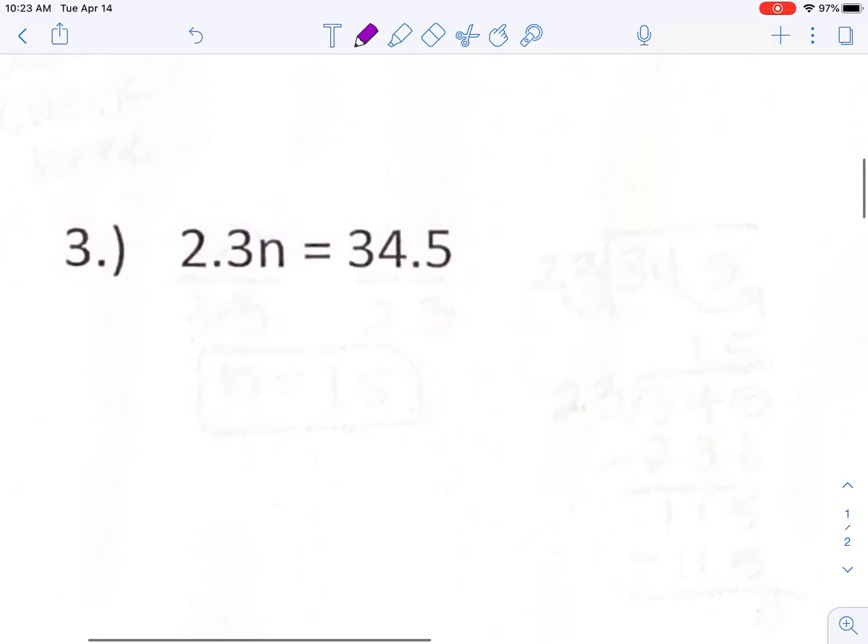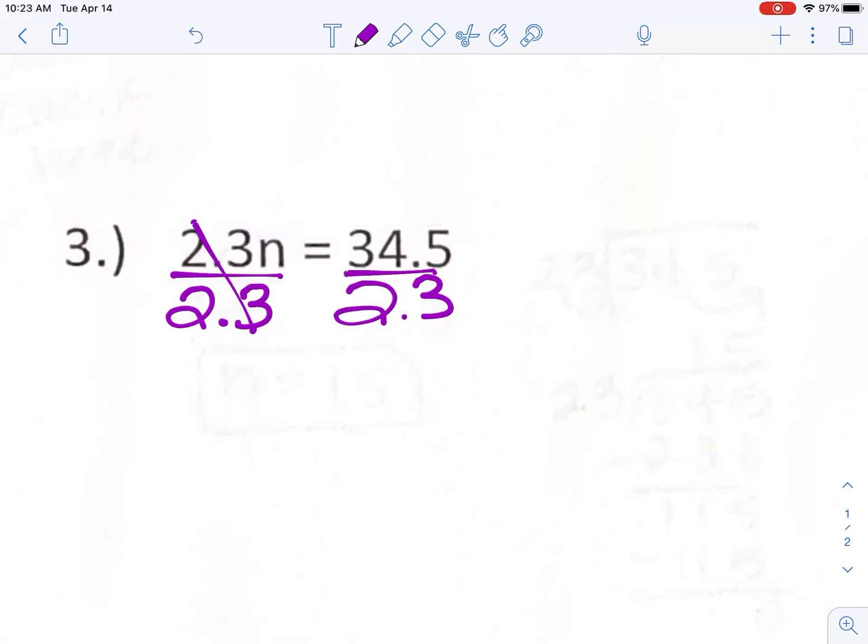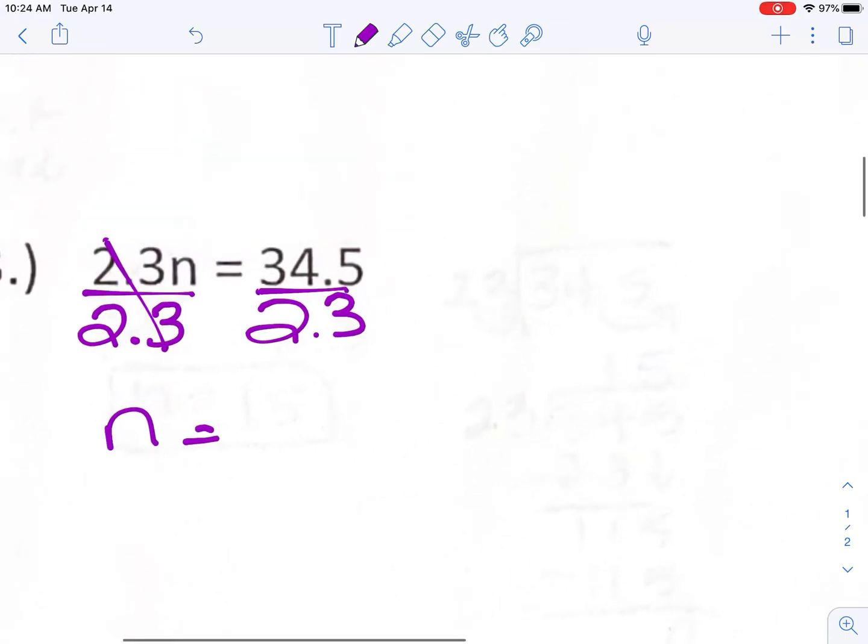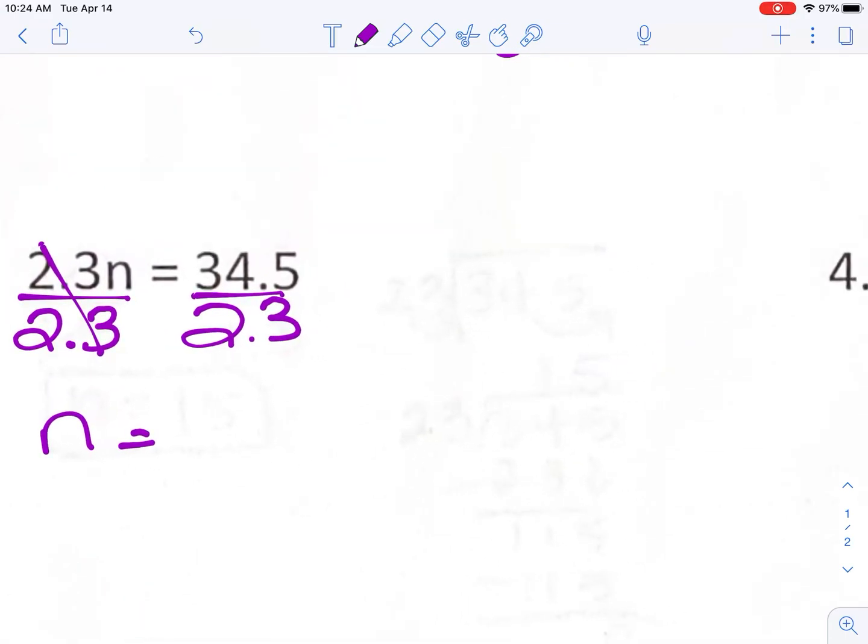All right, so now we have some decimals to do. This says 2 3/10 times something is 34 5/10. So instead of multiplying, which is what it states, we're going to do the inverse operation and divide both sides by 2 3/10. Obviously 2.3 divided by 2.3 is 1n, so we got our n by itself, and then we need to divide on the right.